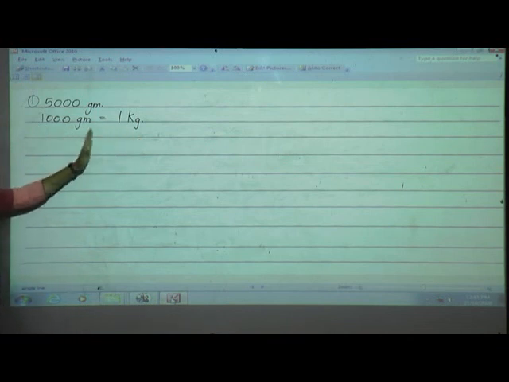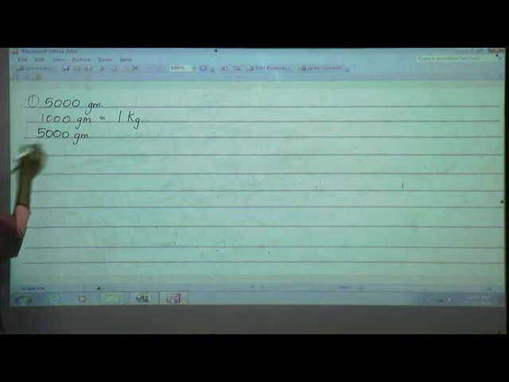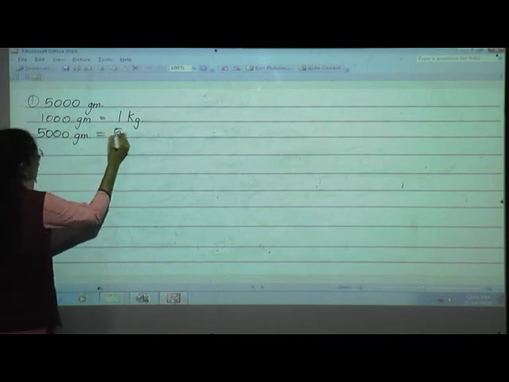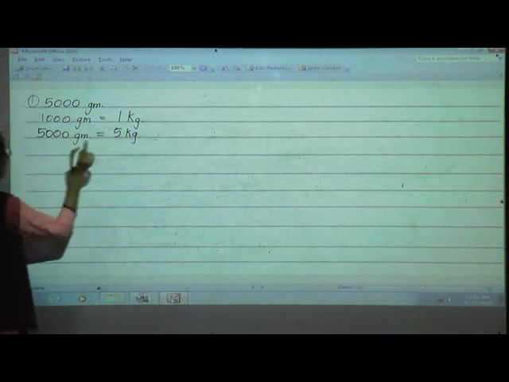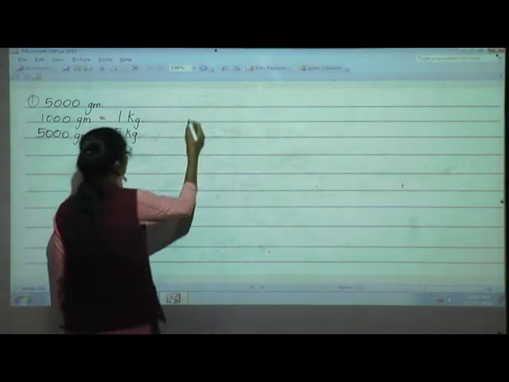If 1000 gram is equal to 1 kilogram, then here we have 5000 gram. So 5000 gram is equal to what? 5 kilogram. If zeros are there, then from the right side we have to remove these 3 zeros, then it will be converted into kilogram. Or by the easy method also we can solve this.